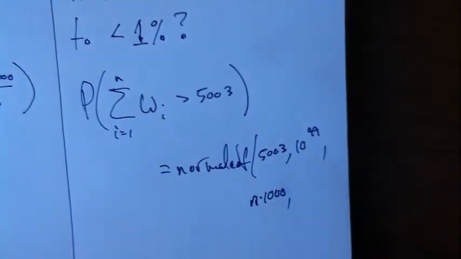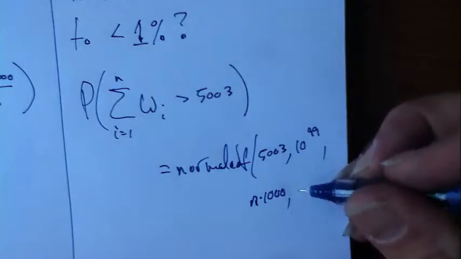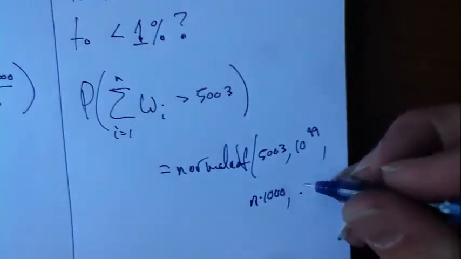And then the standard deviation is going to be sigma times root n.